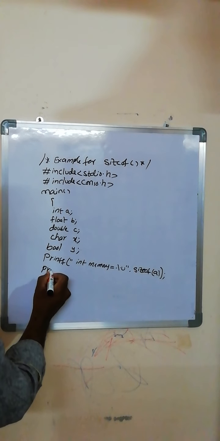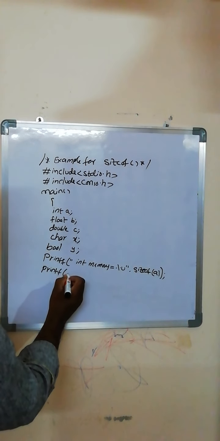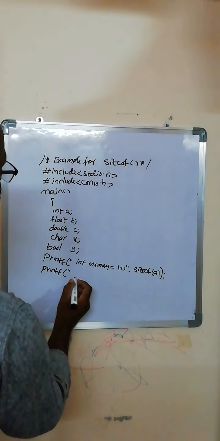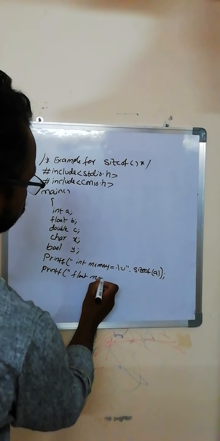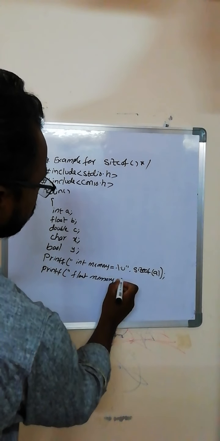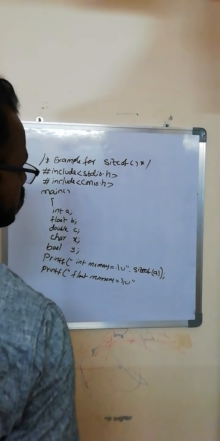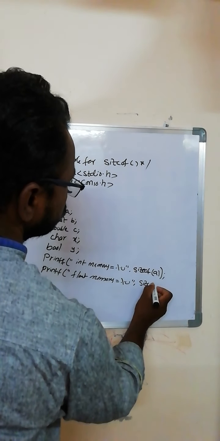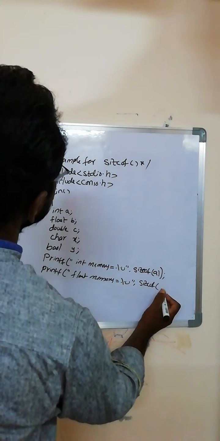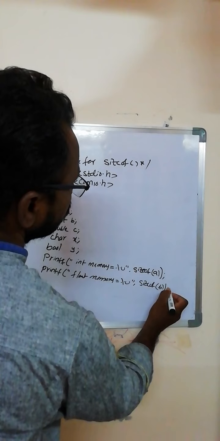Similarly, another printf statement. Float memory, you can write either, %u, comma, sizeof, this is the function name. We pass the float variable b.